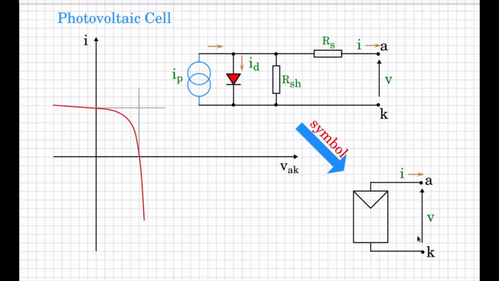There are two terminals, the anode terminal and the cathode terminal. This is the terminal voltage and the terminal current, generally flowing out of the anode terminal. So here we have the entire photovoltaic cell with the characteristic, the equivalent circuit model, and the symbol.